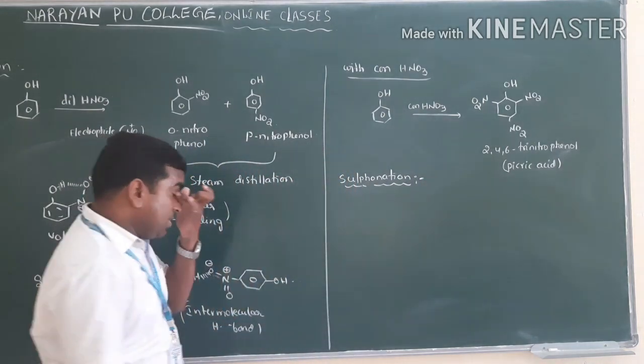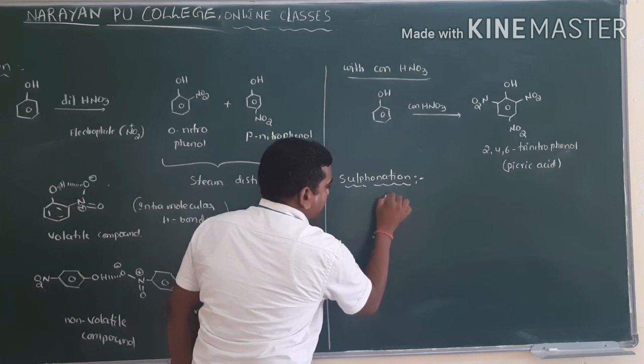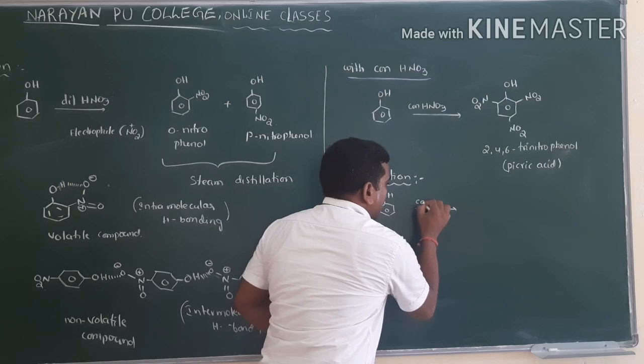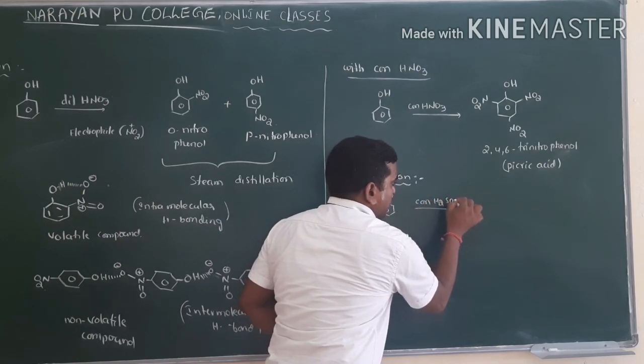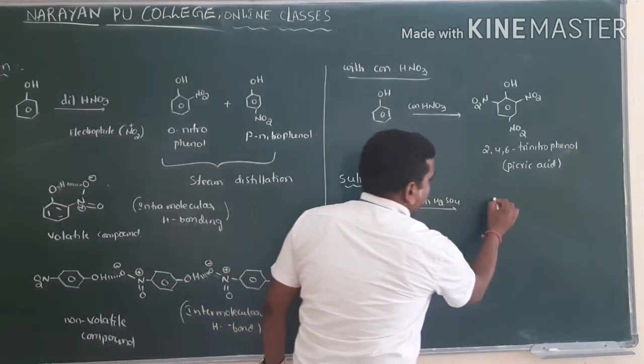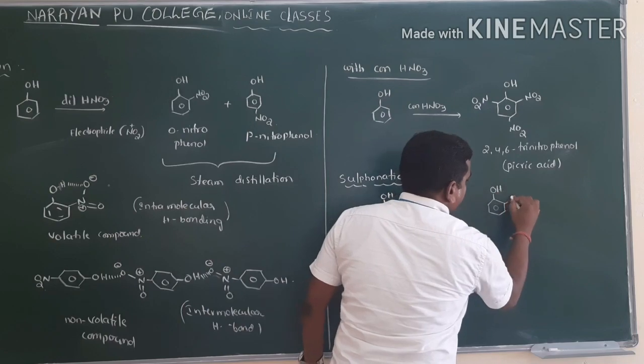Clear? Sulfonation, you already know. Same, I will take OH here, phenol, and now treat it with concentrated H2SO4. When I treat it with concentrated H2SO4, you will get compounds at the ortho position and the para position.